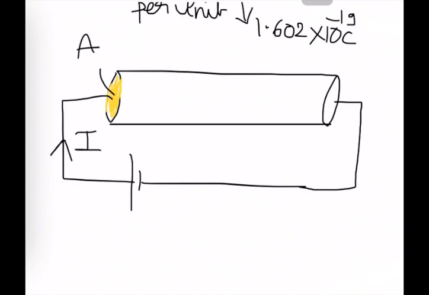Let L be the length of the conductor, and A the area of cross section of the conductor.